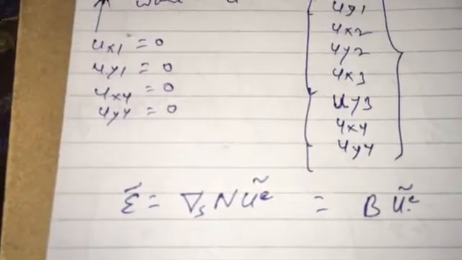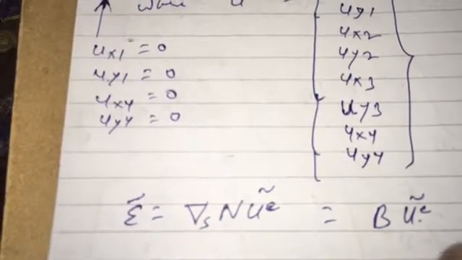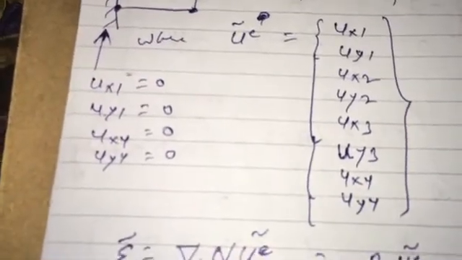So, B is in this case 3 by 8 and this is 8 by 1. So, this strain you get 3 by 1.